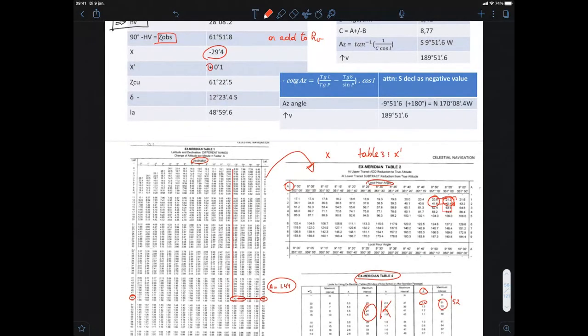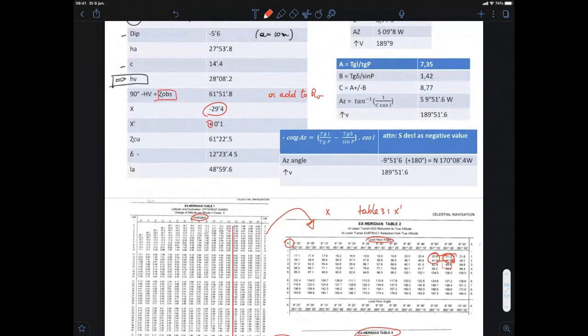I will show you this during the live sessions. And voilà, so if we subtract this correction from our zenithal distance at the moment of observation, then we get the zenithal distance at the moment of culmination. And so then we can simply apply the normal procedure as we did for meridian passage.